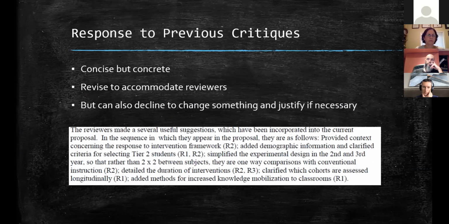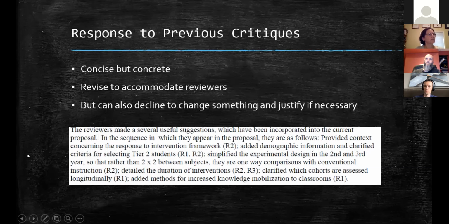The reviewers had different specific concerns, but the big one was that I wanted to hire a research associate who is an experienced teacher who could support our project, and SSHRC most prefers to support graduate students. That was the main reason my first proposal was rejected. So I tried to build in a concise response to that in writing back to them.